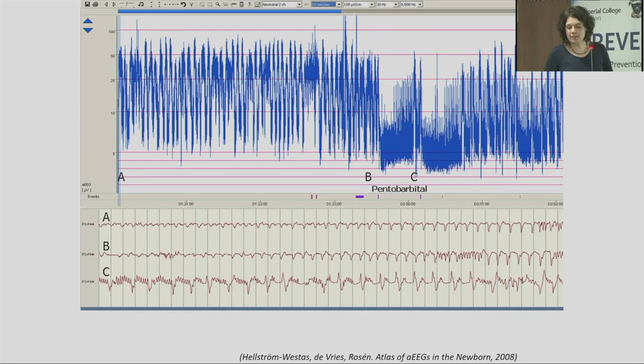So the baby was treated with phenobarbital during this time, but it only worked for a short period, and then it went back into status. Status epilepticus can be tricky. I mean, this could also be artifact. This could be electrodes being loose or the baby moving. You need to correlate this with a raw EEG.